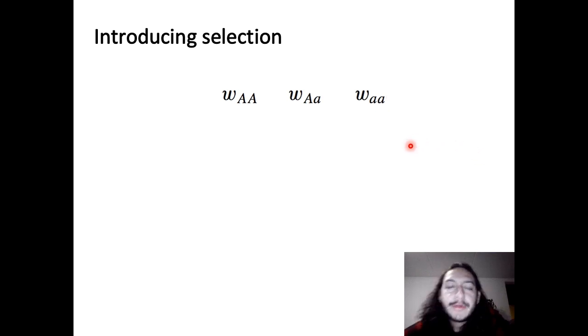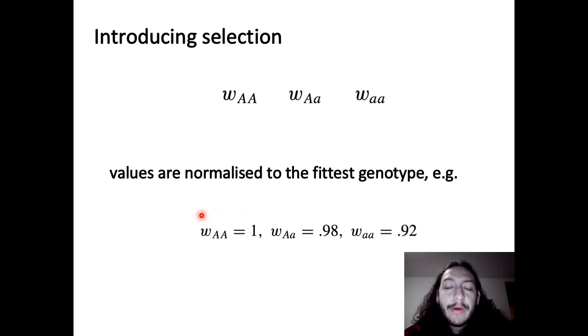Then when we are trying to quantify selection, we are going to use a notation for the different genotypes, and this is going to be a notation of fitness. What is fitness is really a big word, but we're going to assume right now that it is a number. And this number means that you are quantifying how successful your genotype is going to be in a given environment.